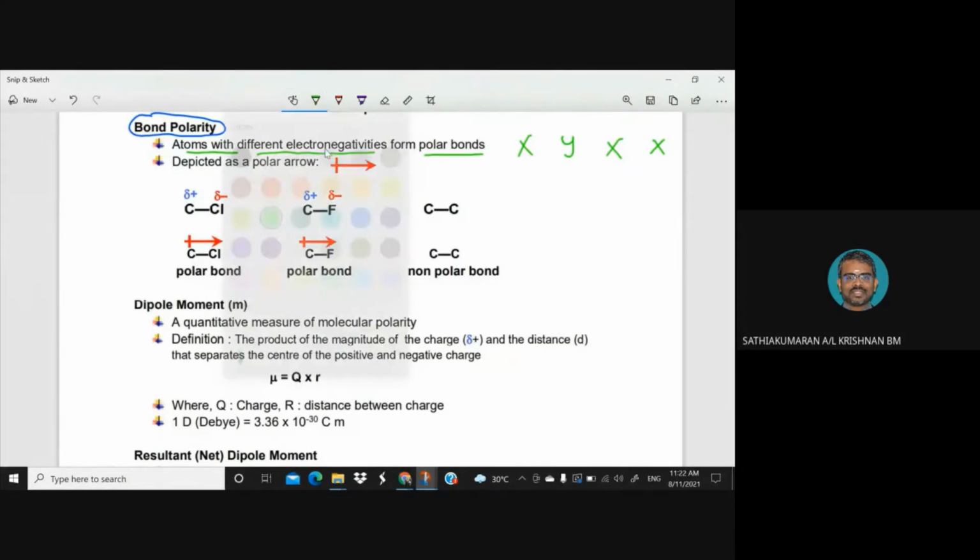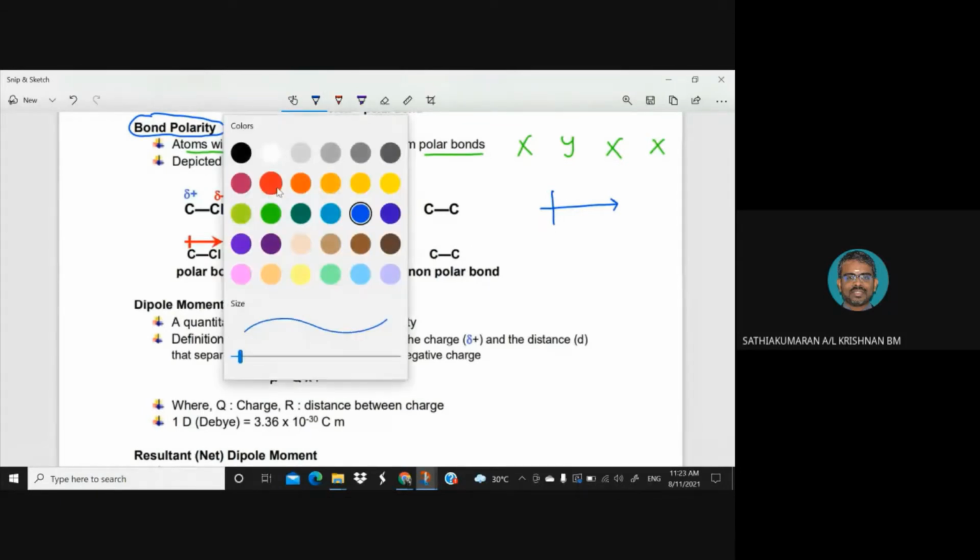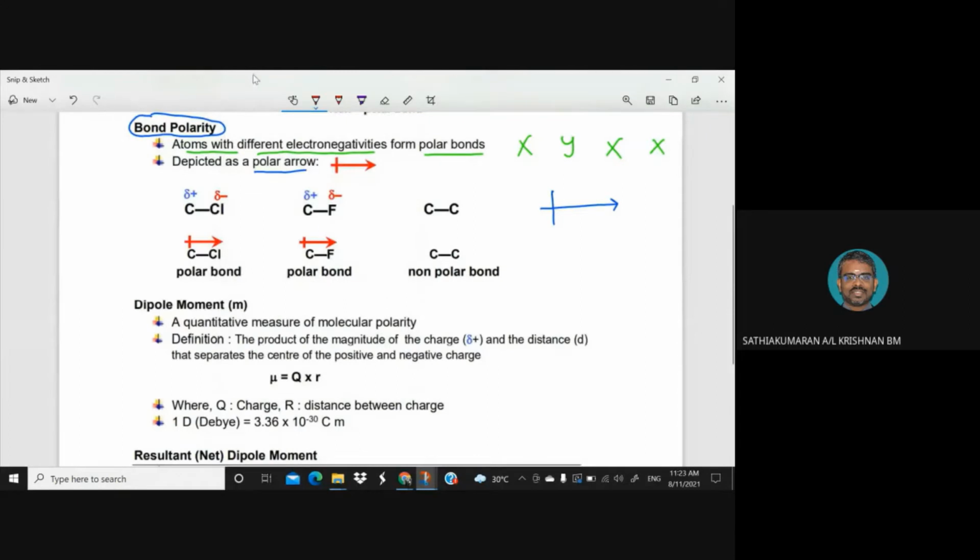Now I want to draw the polar arrow. So what is the style? The style will be like this. This is how you draw a polar arrow. For my students, it is easy to remember, though it's not in the book: I always label this one as head, this one as tail.